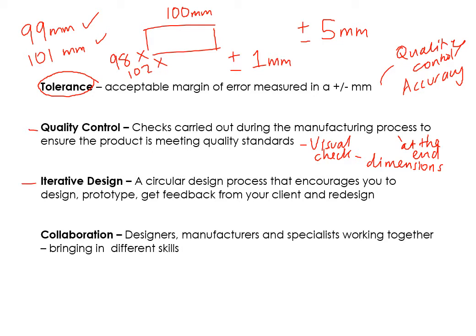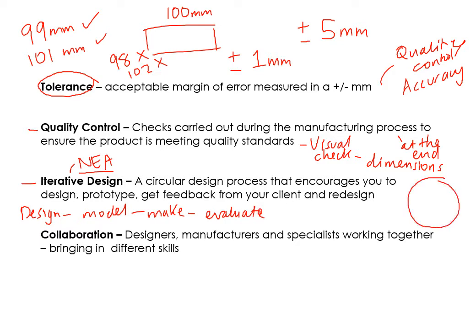Iterative design. Iterative design basically sums up your NEA. It's what you've done throughout your whole NEA. The old way of designing used to be that you would design, you would model it, prototype it, you'd make it, and then you'd evaluate it. Well, with iterative design, things go round more in a circle.